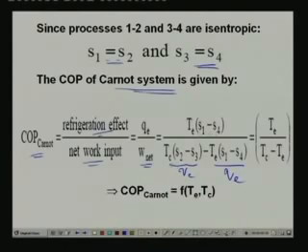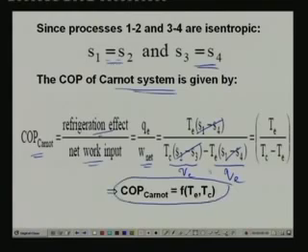Similarly, QC is equal to TC into (S2 minus S3). Since S1 is equal to S2 and S3 is equal to S4, these terms get cancelled. So, finally, you find that the COP of the Carnot cycle is nothing but TE divided by (TC minus TE), where TE and TC are the evaporator and condenser temperatures. That means the COP of a Carnot cycle is a function of operating temperatures only.